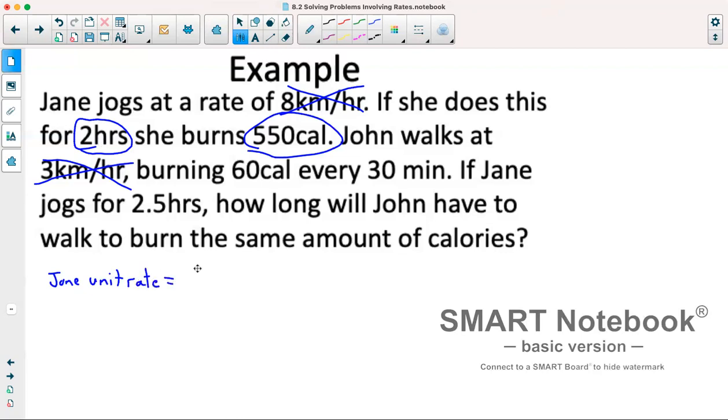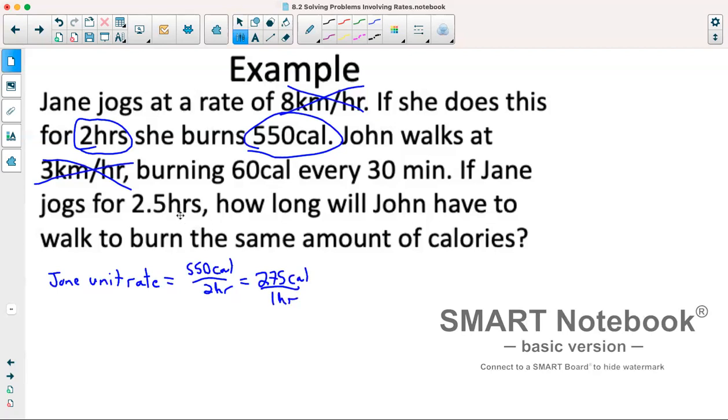So that would be 550 calories every 2 hours, which gives us 275 calories per hour.